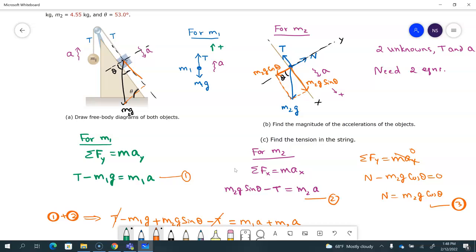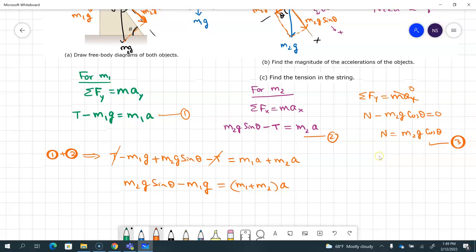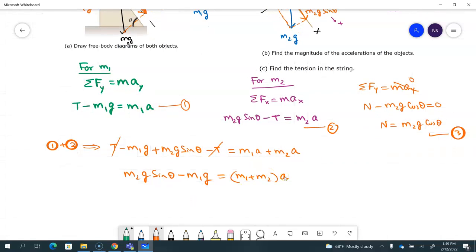So the force that's pulling down the incline is m2g sine theta against the smaller m1g that's trying to resist the acceleration. So the total force on the whole system is m2g sine theta minus m1g, because tension becomes an internal force then, and that net force is accelerating a total mass of m1 plus m2 with an acceleration a. Right? So that's what this equation is telling you, and you can go from here and solve for the acceleration.